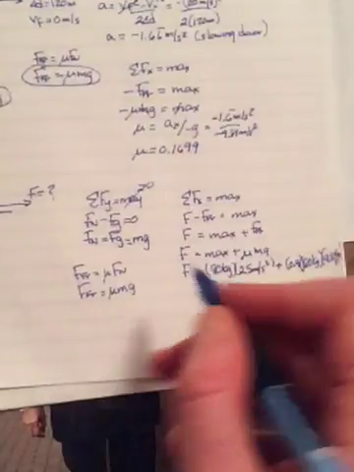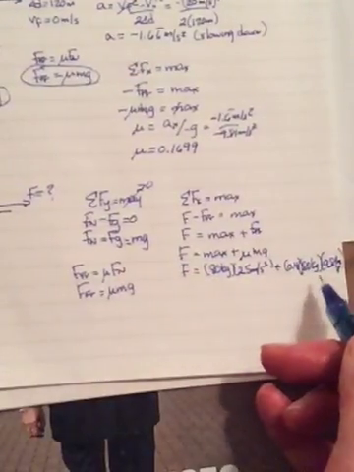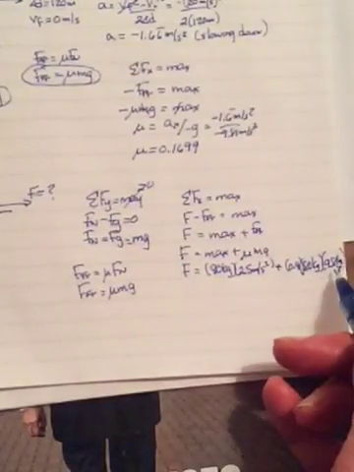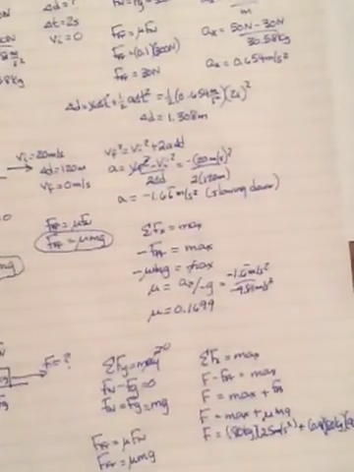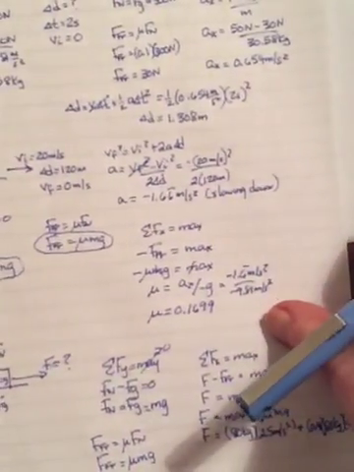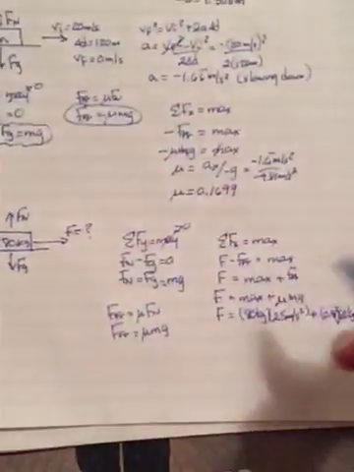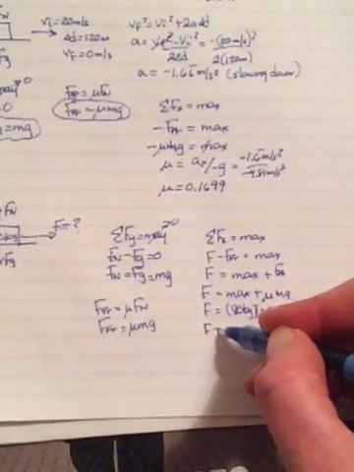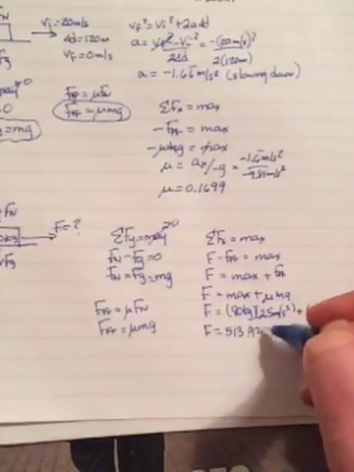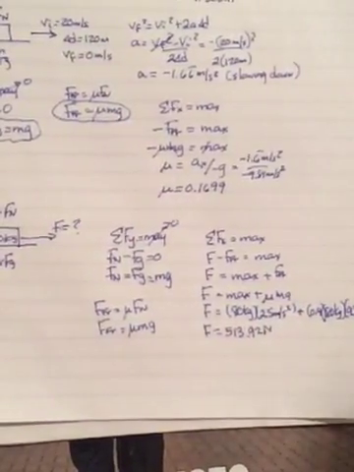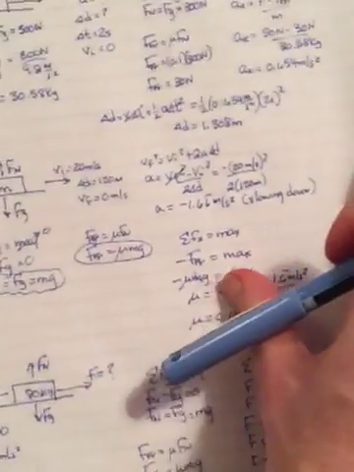This 80 times 2.5 should be 200. Plus 9.81 times 0.4 times 80, 313.92. 513.92 is what you should get. 513.92 newtons. Done.